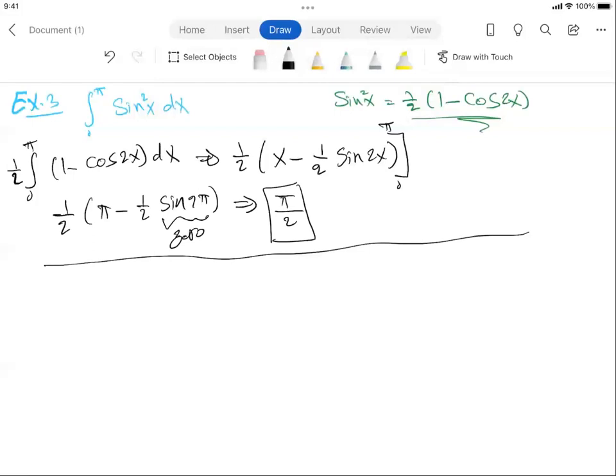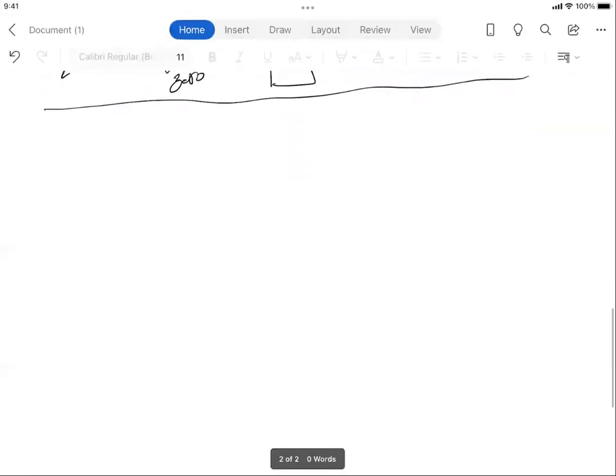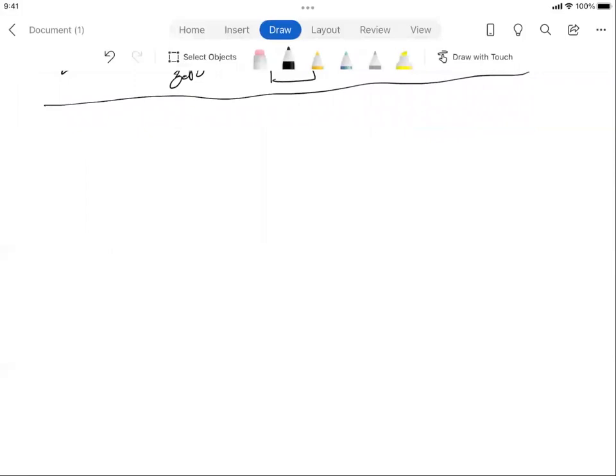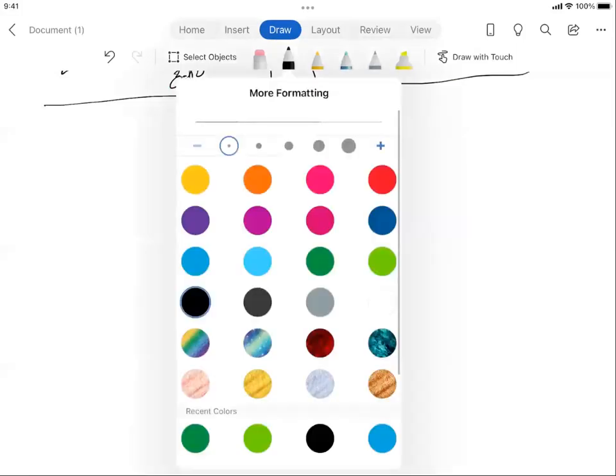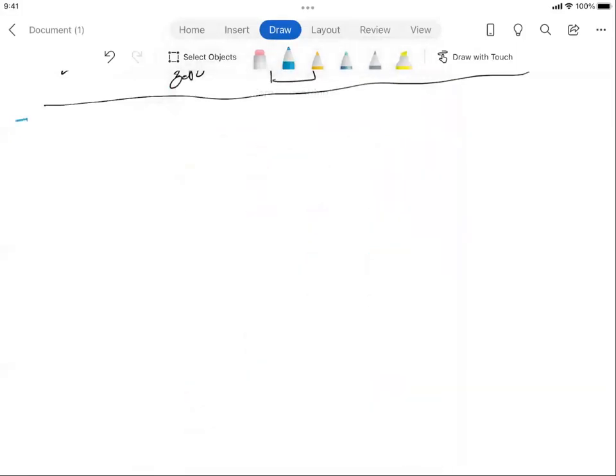Okay. Let's solve another example. Our fourth example is an integral of power 4, so sine to the power 4 of x dx.